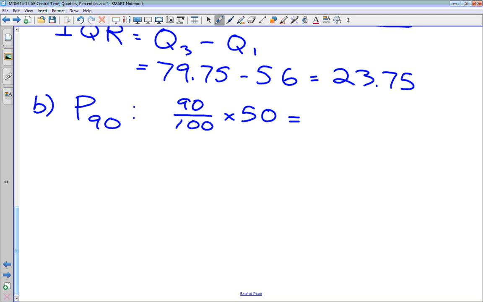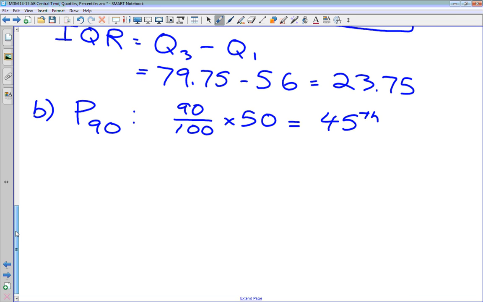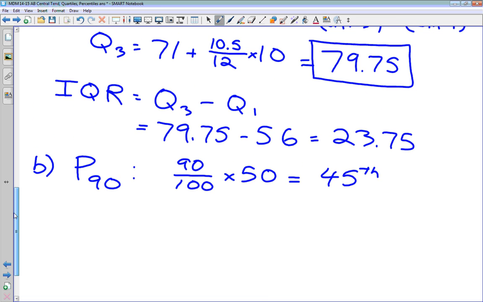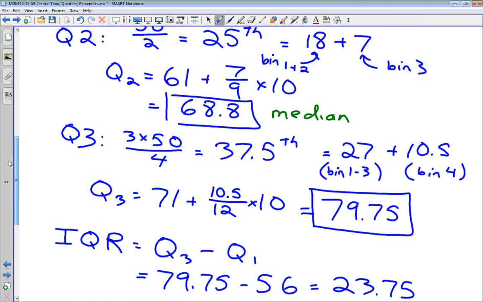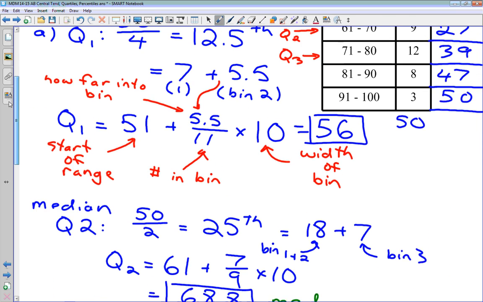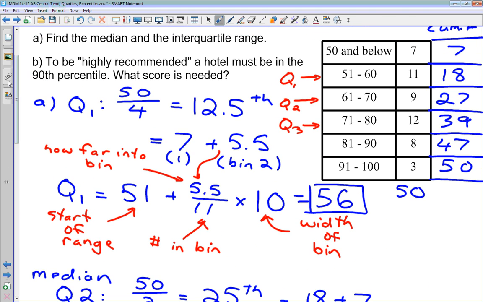So let's see. 90 divided by 100 times 50 gives us 45. So if we were to write these things in order, we want the 45th number in that list. Same thing that we did with our quartile boundaries. Let's go back to our frequency table and figure out which of our bins that 45th number is going to be in.